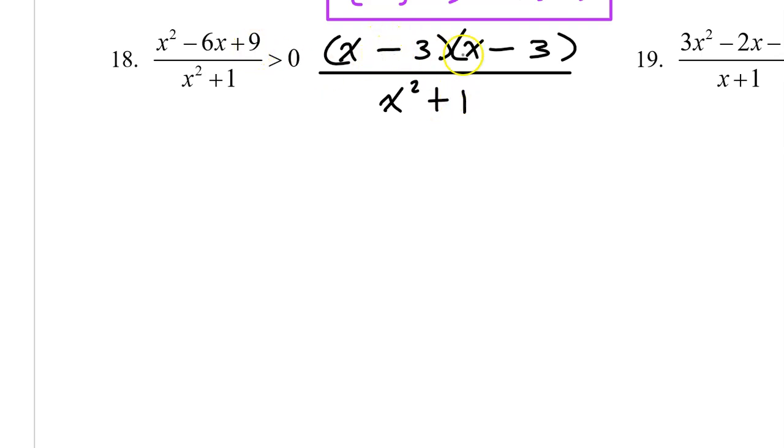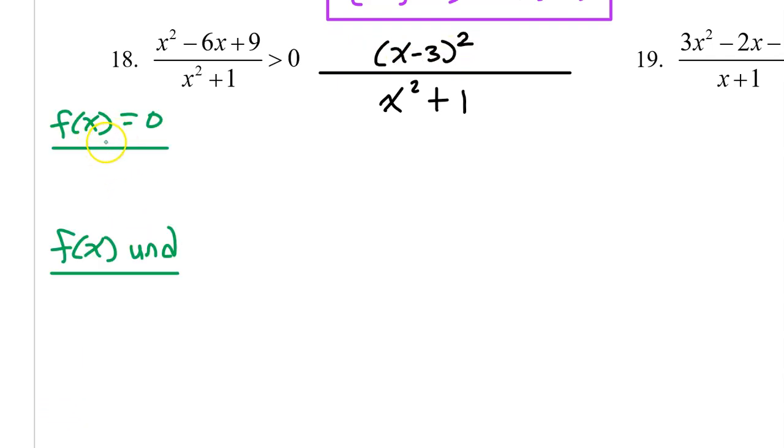Now that I notice that this factor is repeated twice, I would rather rewrite this as x minus 3 quantity squared. F of x will equal 0 where the numerator is equal to 0. That's going to be at x equals 3. F of x will be undefined where the denominator is equal to 0. But the denominator will never equal 0.